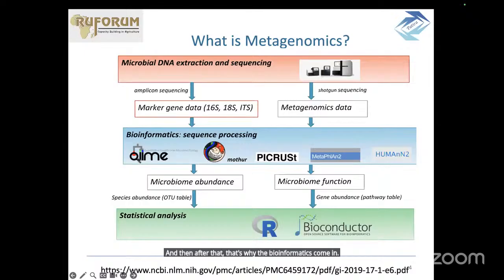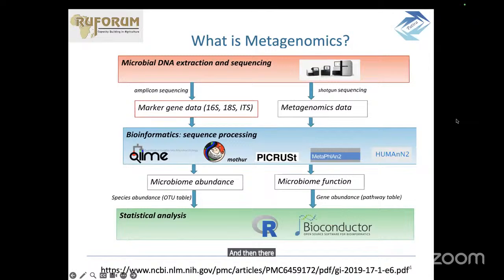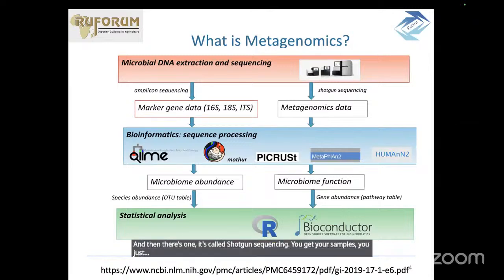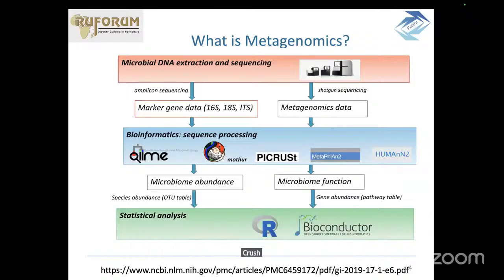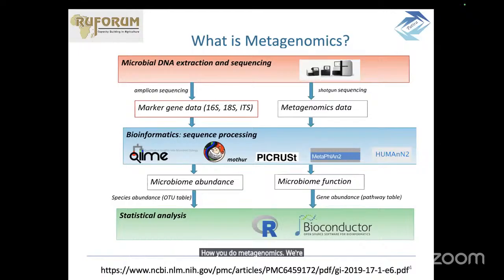You can use QIIME, mothur, and the rest. And then the other one is called shotgun sequencing. You get your samples, you just shotgun, that means you just crush them, and then you do your bioinformatics. After that, you do your statistical analysis. So there are two types of how you do metagenomics. We're going to see them later, okay?